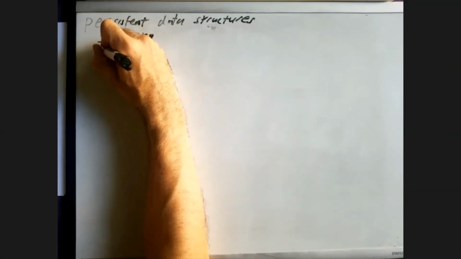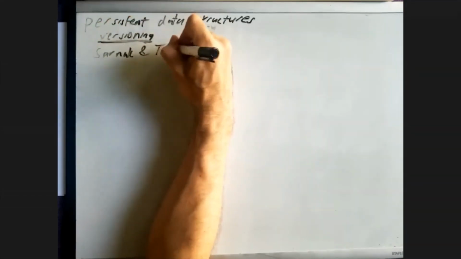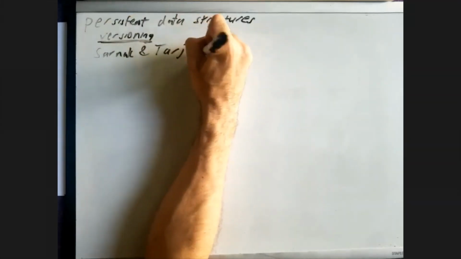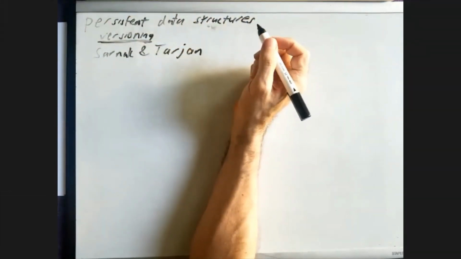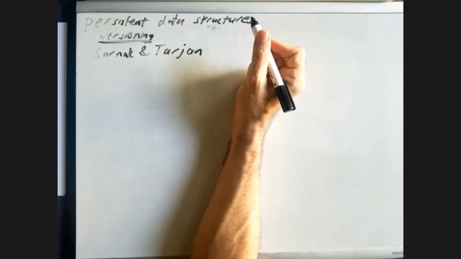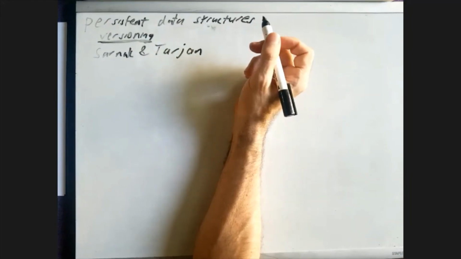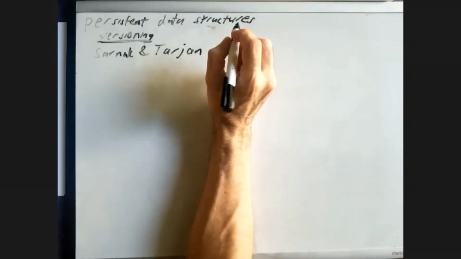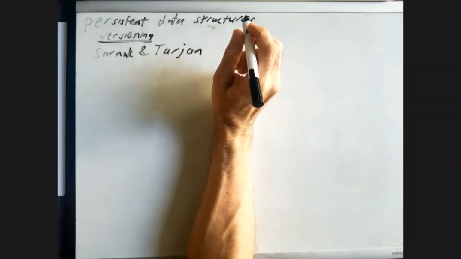And so Sarnak and Tarjan, this is the same Tarjan. Tarjan is basically the god of data structures. All the most awesome data structures were invented by Tarjan. This includes the union find data structure that you learned in undergraduate algorithms and many others. So Sarnak and Tarjan introduced this idea of persistence for data structures in general.